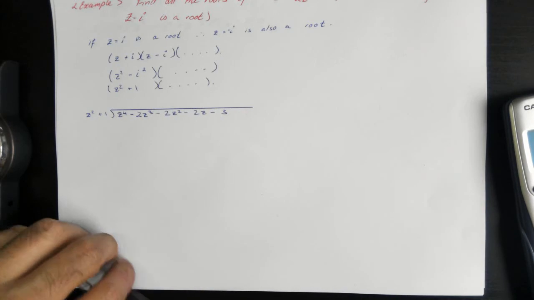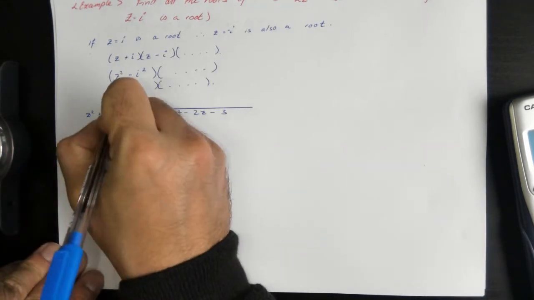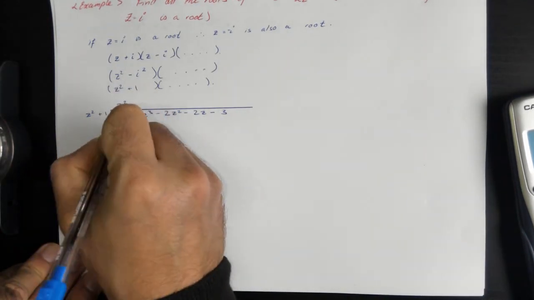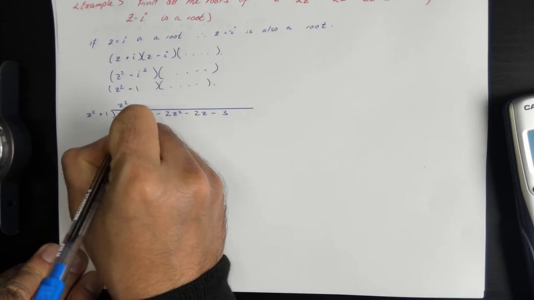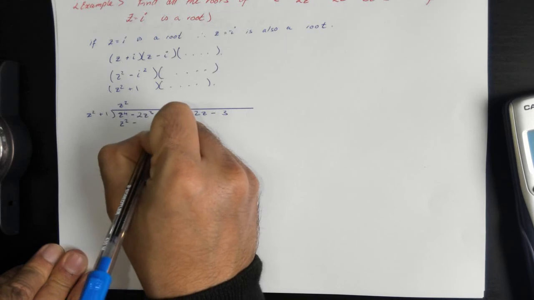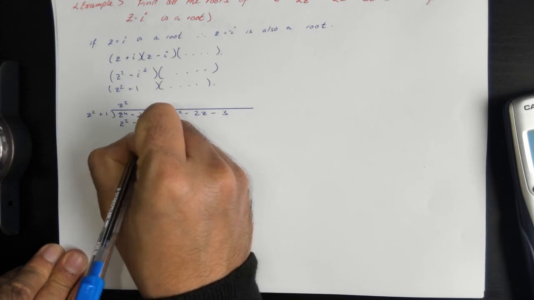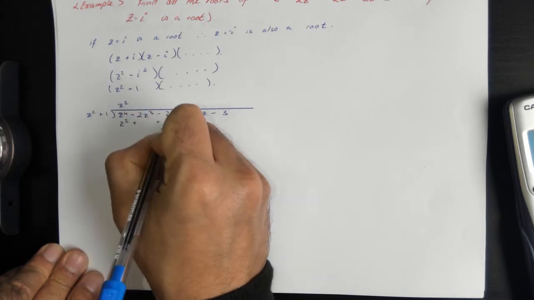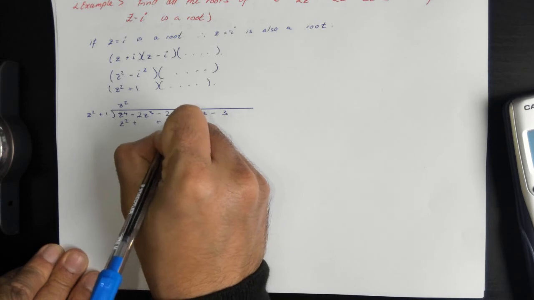All right. So z squared into z to the 4 goes z squared times. There's no z cubed, but there is one z squared.